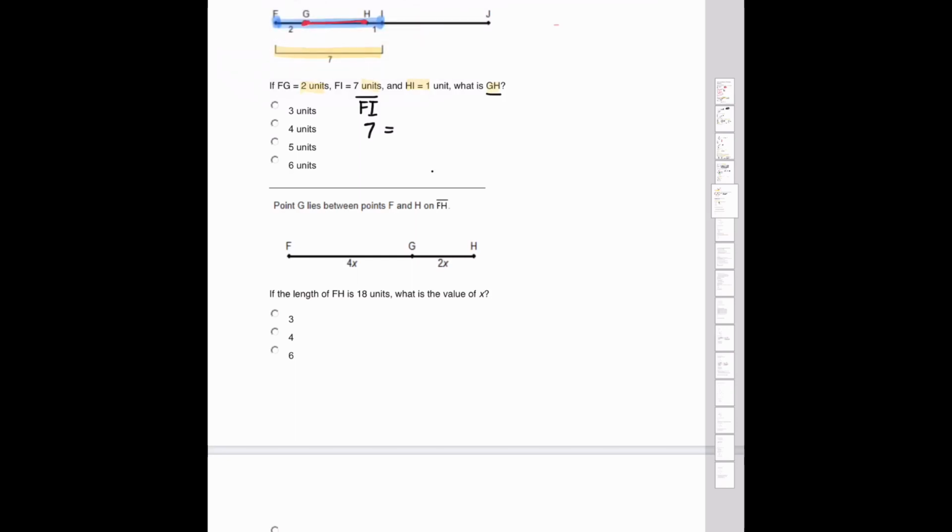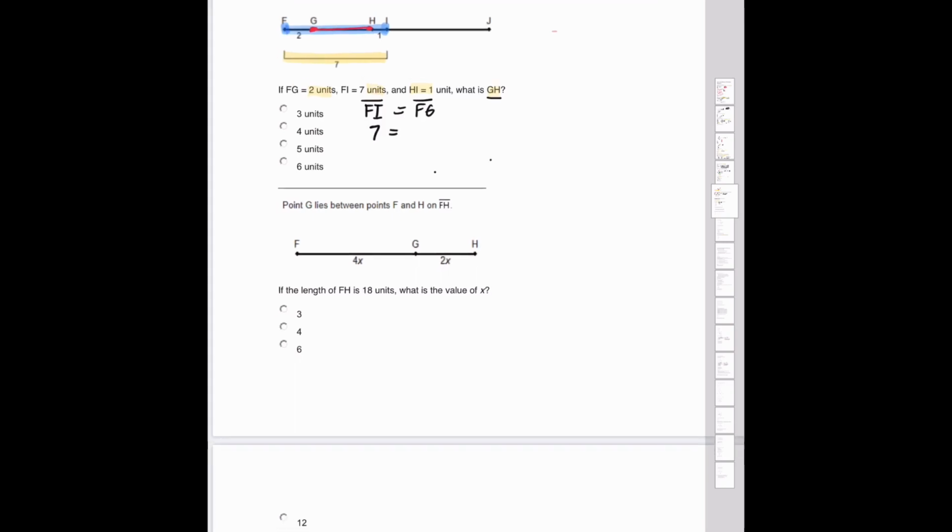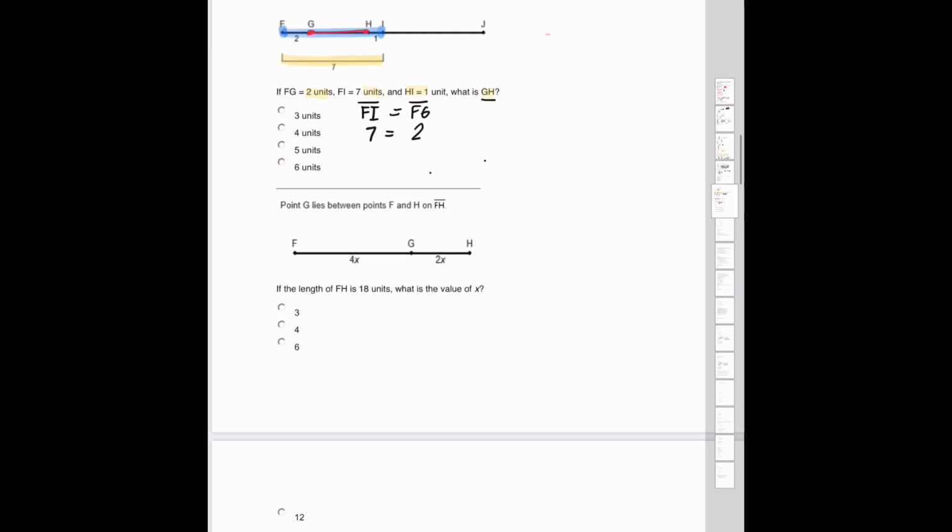So we know FG is equal to 2 units, and we know HI is equal to 1 unit. What we do not yet know and what we're trying to identify is the length of the line segment GH. So that is our x in this instance.